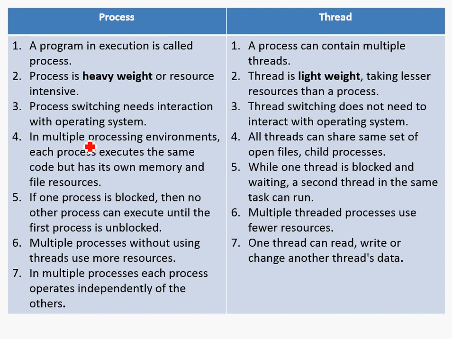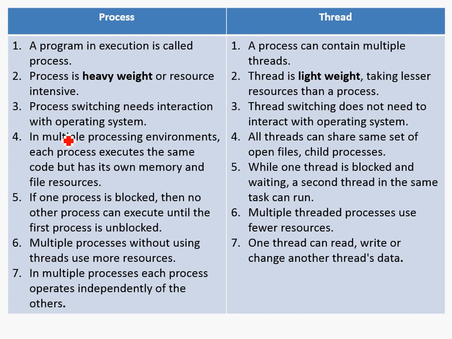Next, the fourth difference is, in multiple processing environments each process executes the same code but has its own memory and file resources. In threads, all threads can share the same set of open files and child processes. Yes, of course, because they use a common single process.